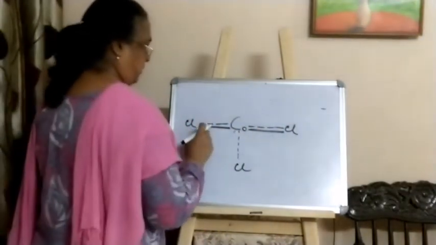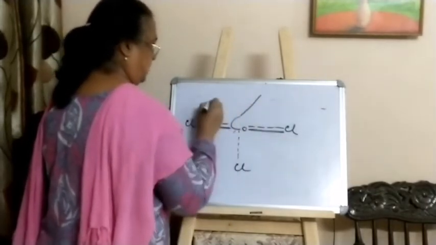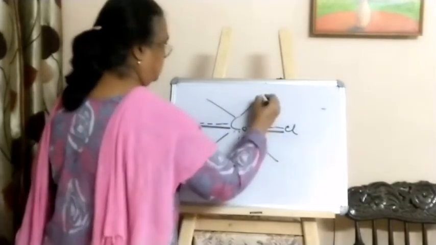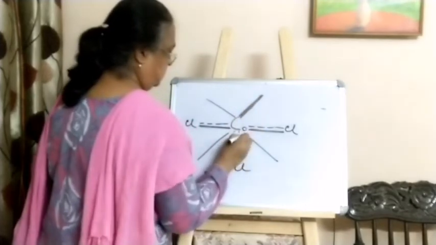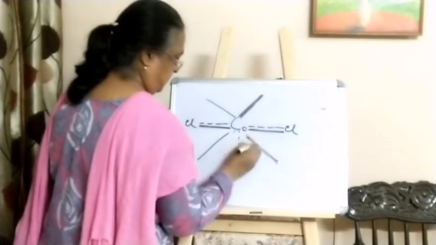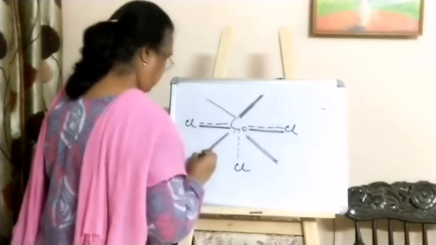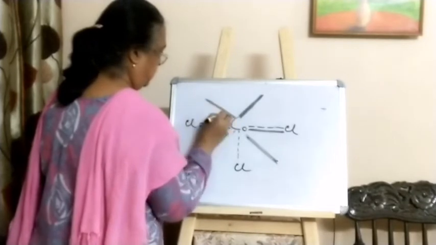So we have 2 ligands, and so 4 more ligands at equal distances. This is with the thick line, this is with the thick line, this is also with the thick line. This one also you have to show with the thick line.